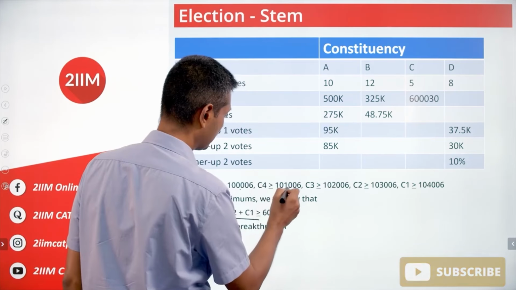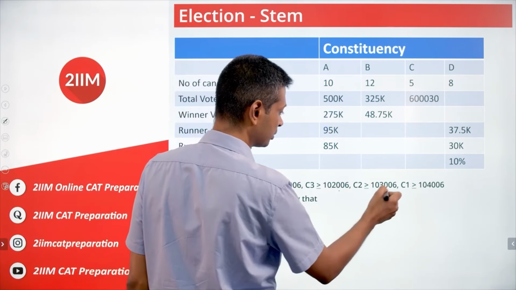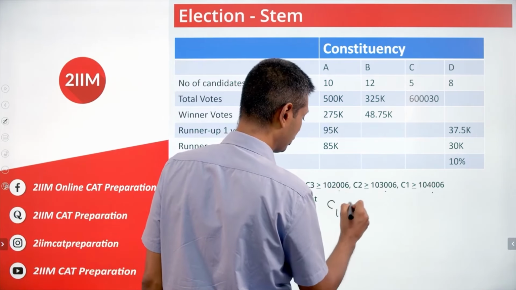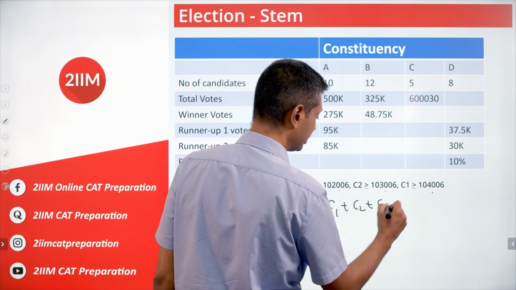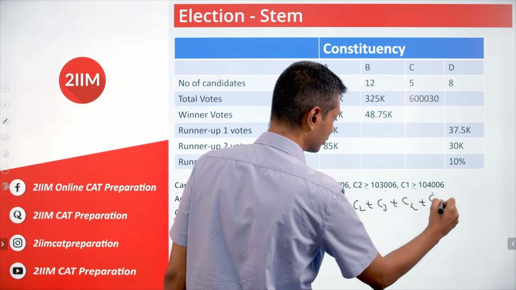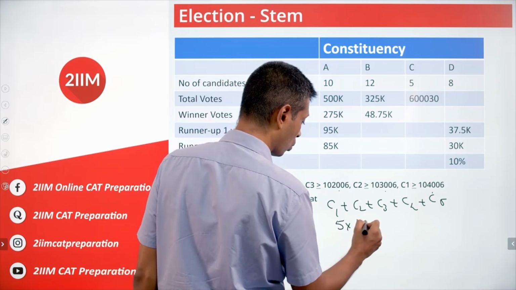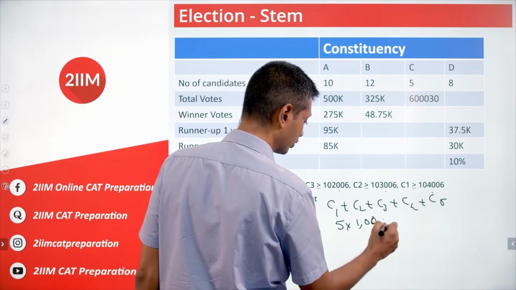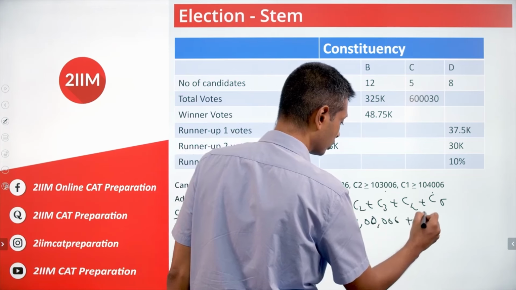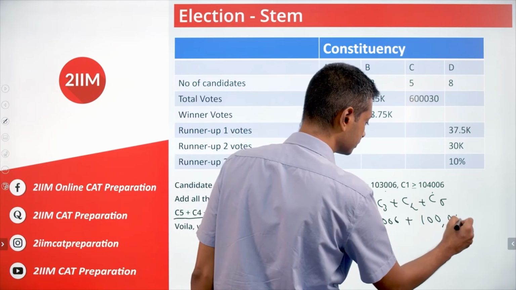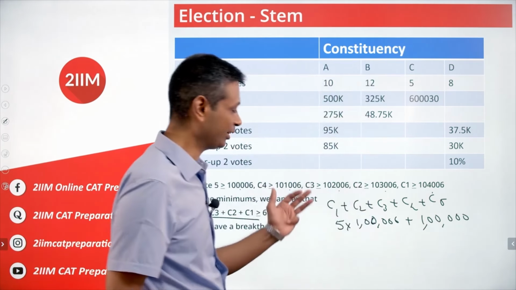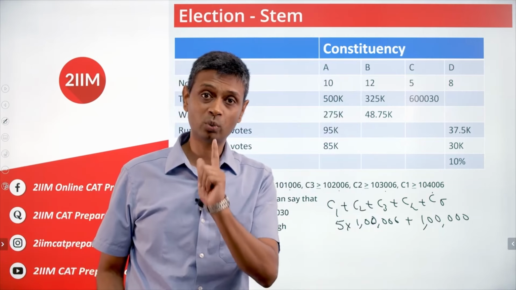If I do C1 plus C2 plus C3 plus C4 plus C5, that is 5 times 1,06,000 plus 1 lakh. The 10,000 plus 20,000 plus 30,000 plus 40,000 is 1 lakh.